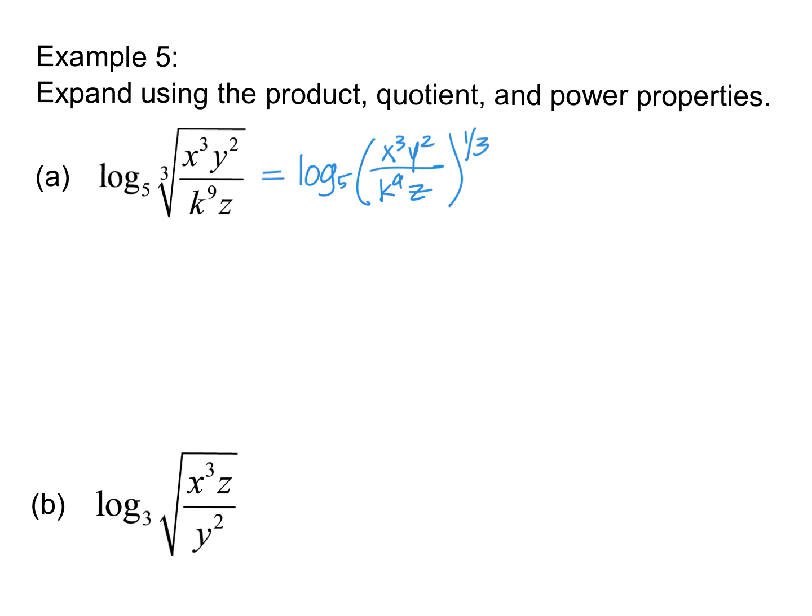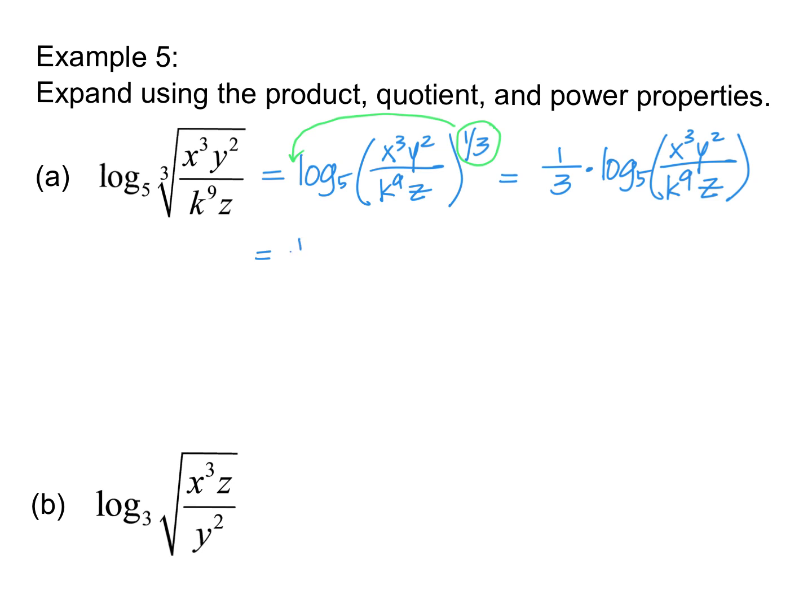Then the power property allows us to move this exponent to the front. So the first step becomes 1/3 times log base 5 of x cubed times y squared over k to the 9th times z. Okay.